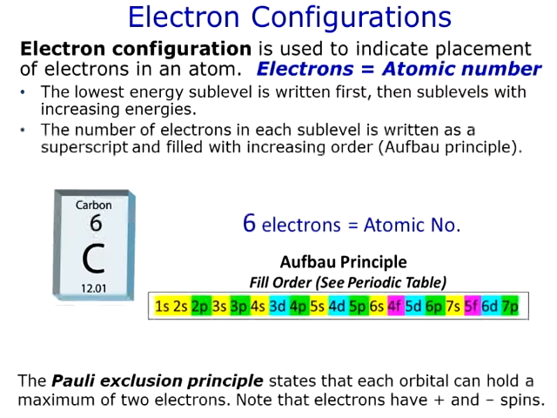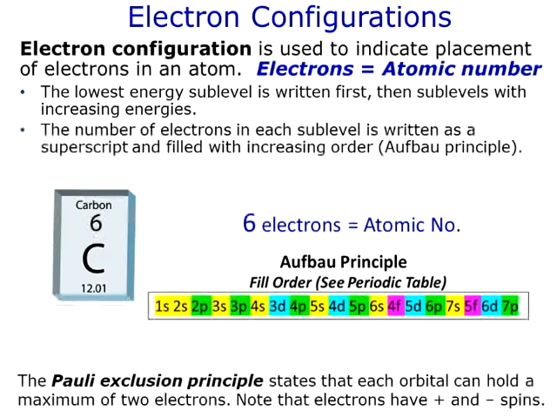We always start with the atomic number when we work these problems because the atomic number equals the number of electrons. Even when there is oxidation or reduction, which will change the number of electrons, we always start with the atomic number of the element in question. That's always the starting point for problems of this type and for understanding electron configuration.